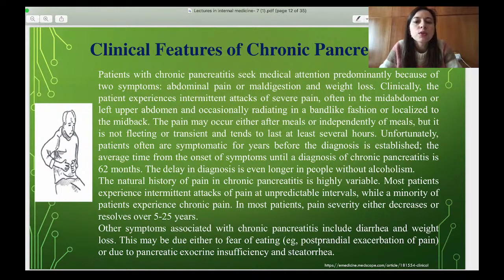Other symptoms associated with chronic pancreatitis include diarrhea and weight loss. This may be due either to fear of eating or due to pancreatic exocrine insufficiency and steatorrhea.